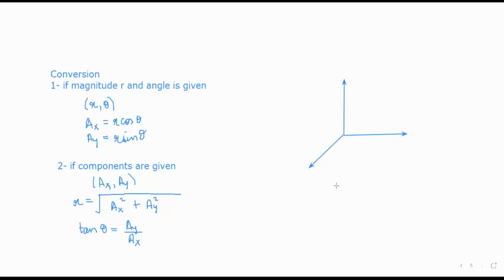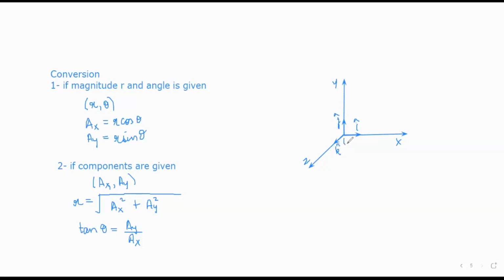Generally, it is taken outside for the positive direction. For our unit vectors, this is i cap, this is j cap, and here it is k cap.